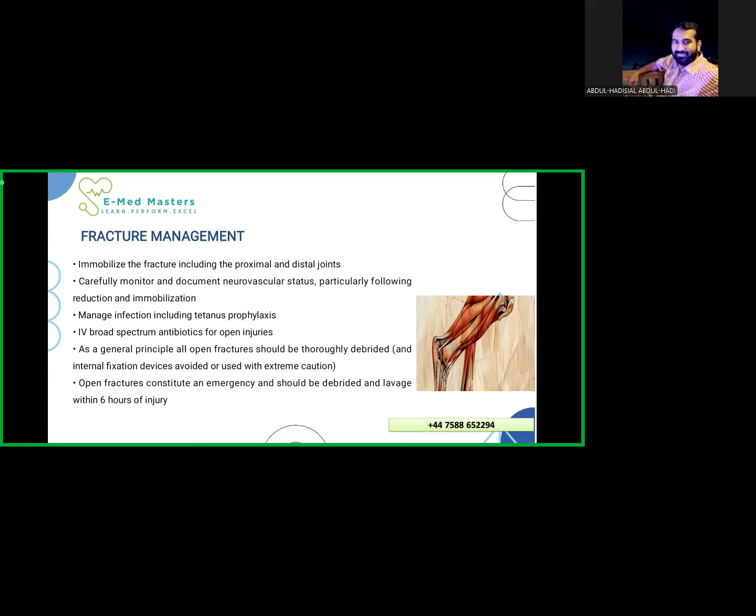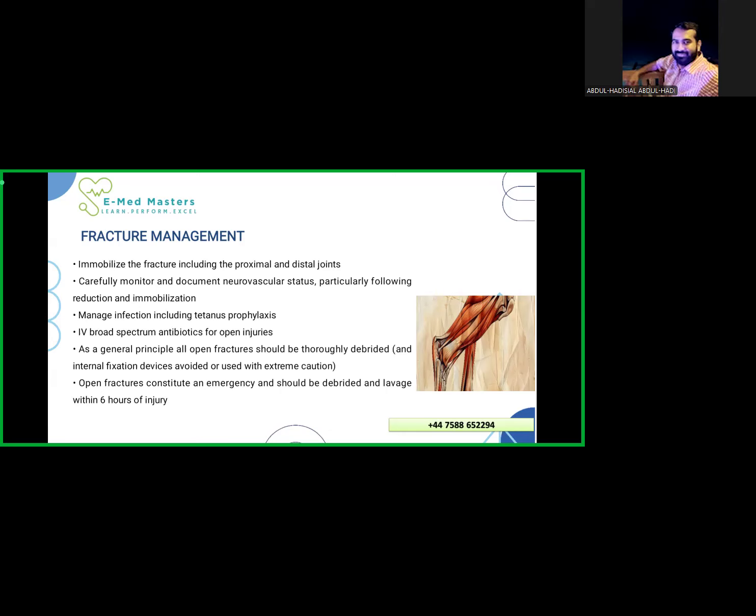You have to plan it within 6 to 12 hours. So the principle in open fractures is debridement, then the fracture should be fixed. First, you debride the wound, then fix it with an external fixator, and you have to do it within 6 hours.